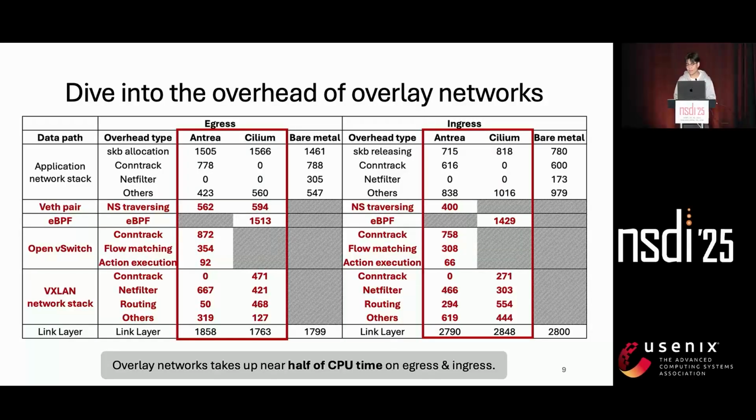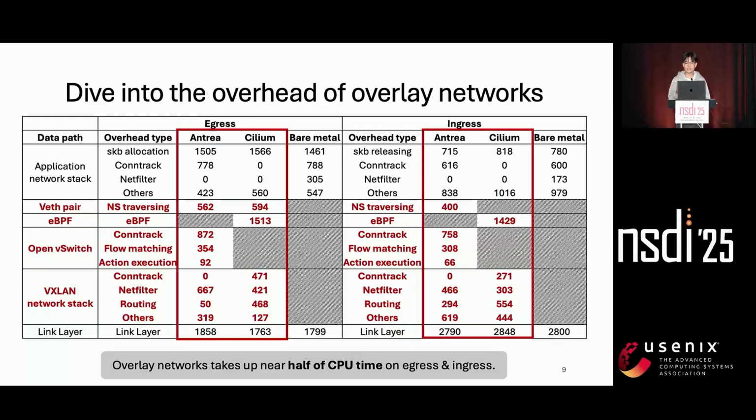We quantitatively analyzed the network stack of Antrea, SLIM, and bare metal. The additional overhead of Antrea and SLIM compared to bare metal is highlighted in red font. Despite some differences between Antrea and SLIM, overlay network processing consumes near half of the CPU time on both the egress path and the ingress path.